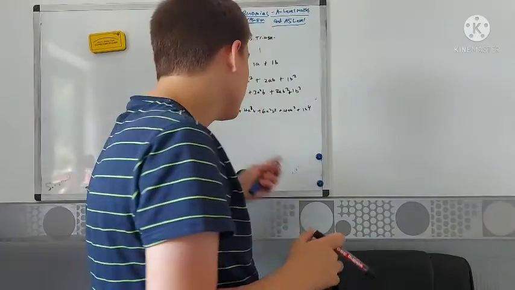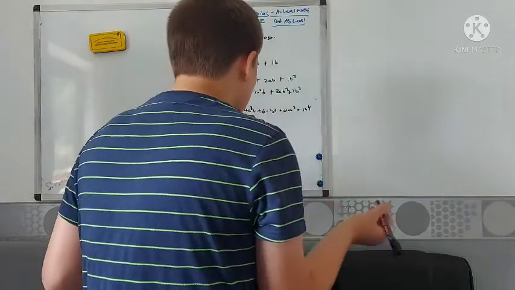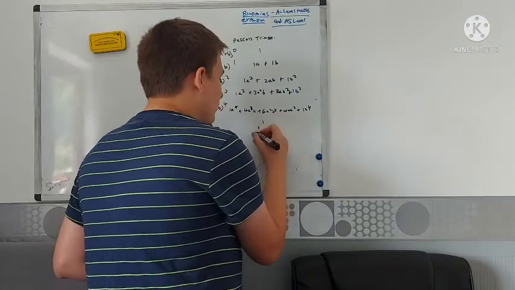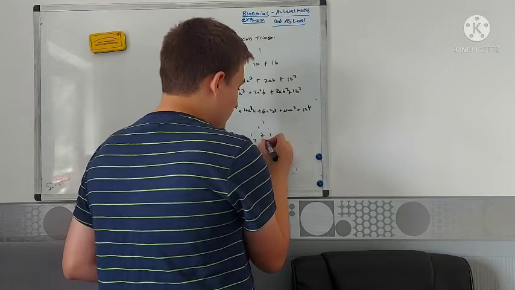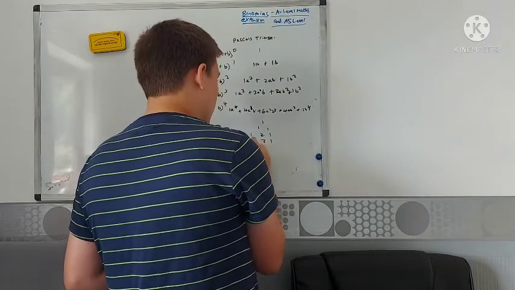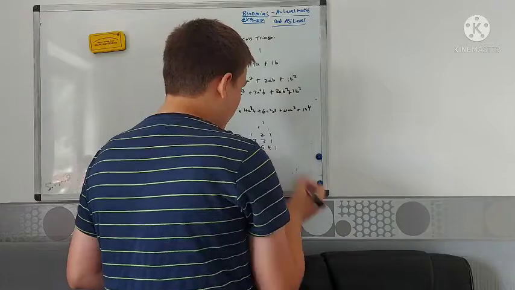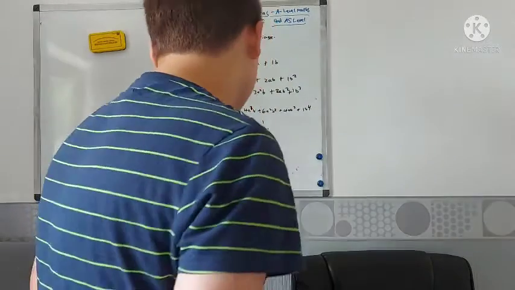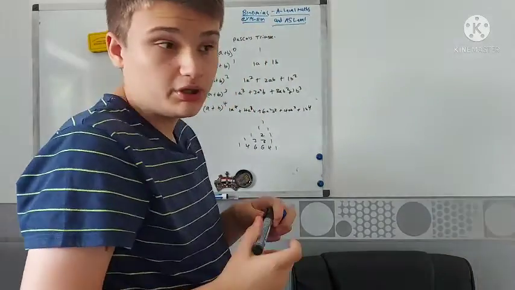In other words, the numbers at the front have a pattern. This is Pascal's triangle. It goes 1; 1, 1; 1, 2, 1; 1, 3, 3, 1; 1, 4, 6, 4, 1.